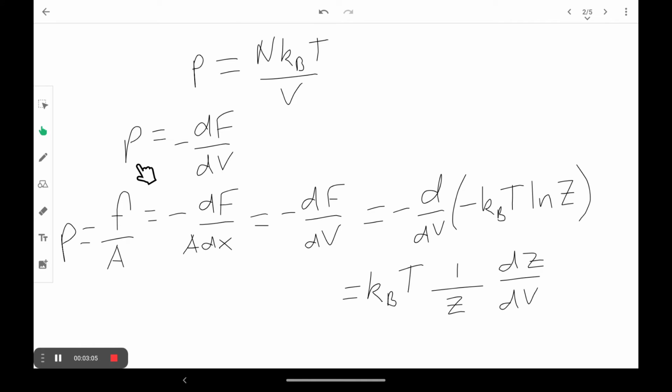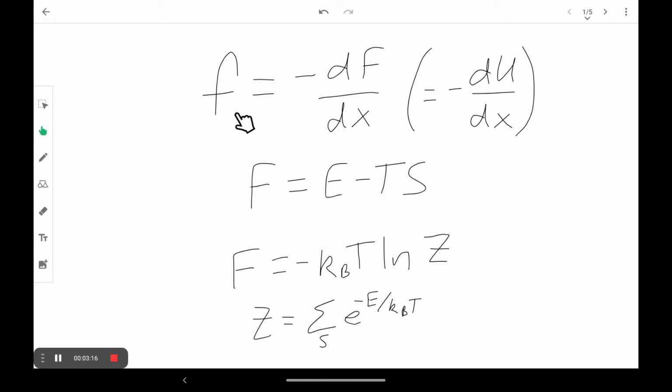And so the question is, can we find pressure as a derivative of free energy with respect to something? If you look back at our previous relationship, force is the negative derivative of free energy with respect to a length.